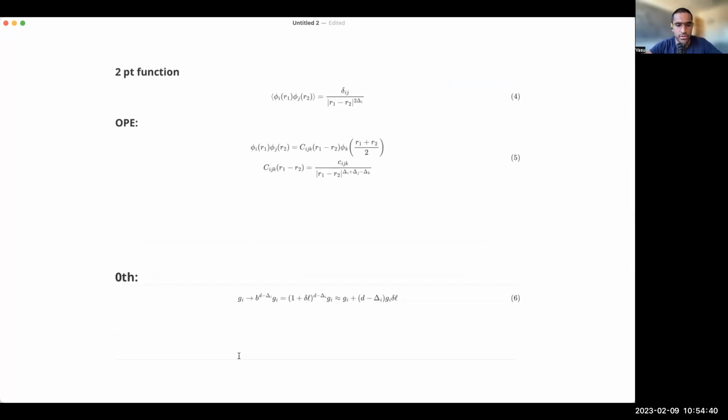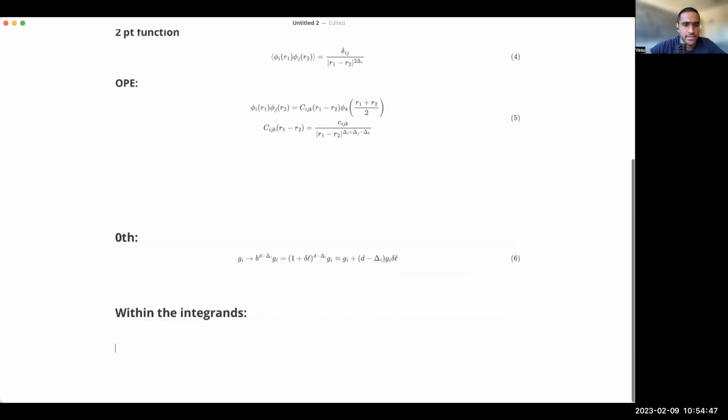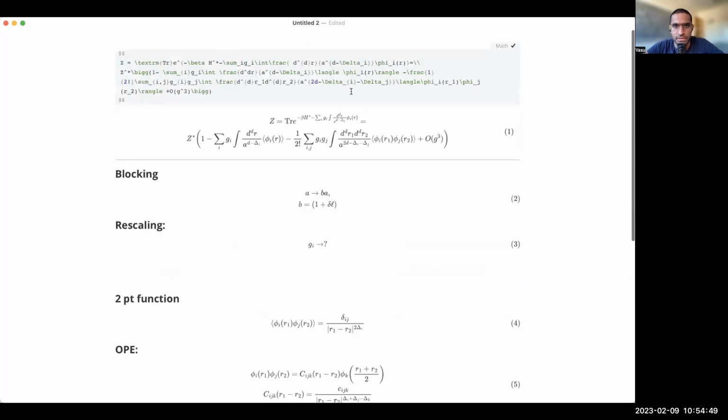So let's go now within integrands. All right, so let's dissect this term first. So let's take the second order term and rewrite it a little bit.